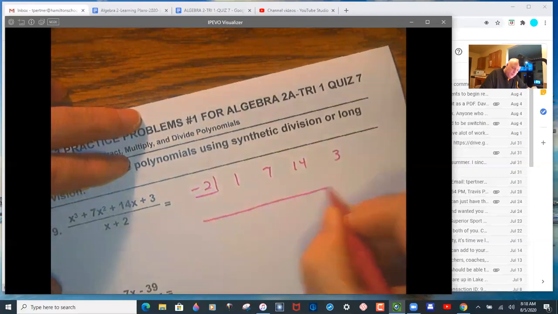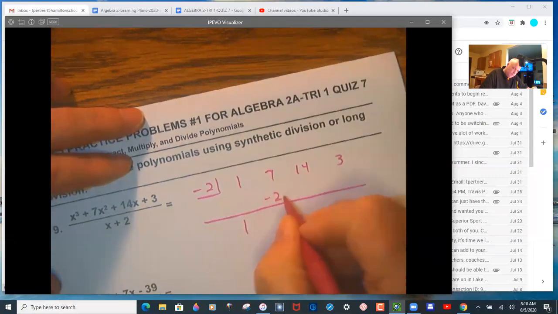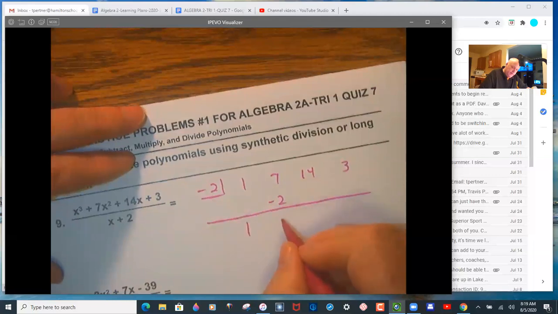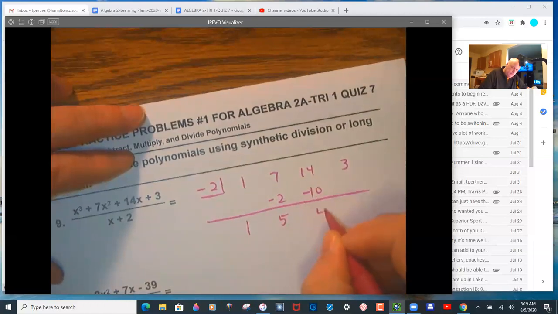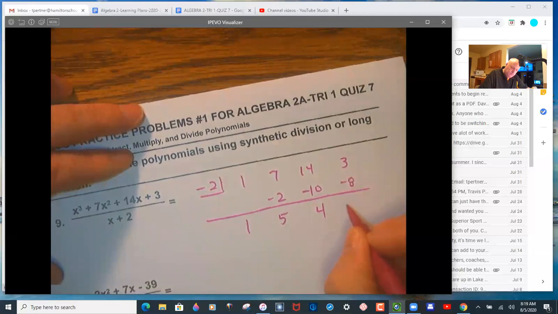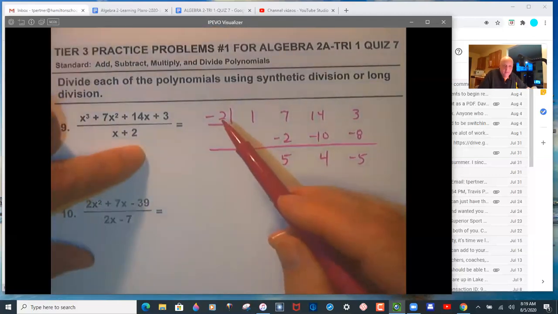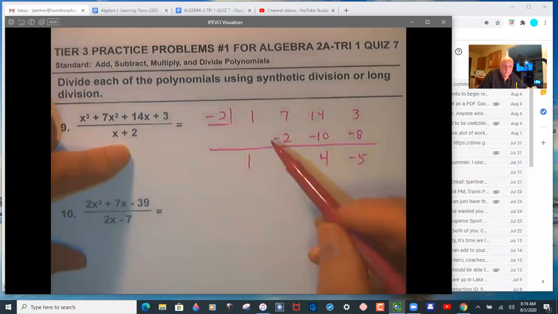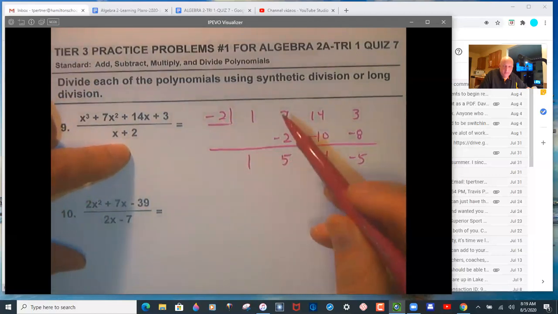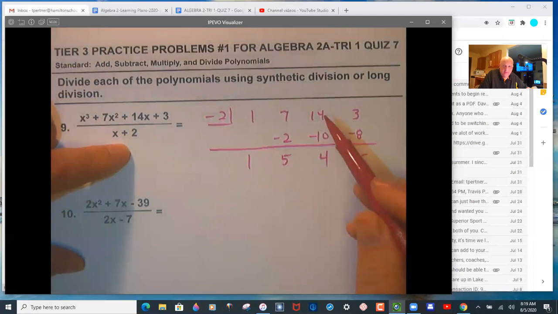See the line here. Just make sure that when you do your synthetic dividing, this is negative 2. Drop down, multiply, negative 2, add, multiply, negative 10, add, multiply, negative 8, add.